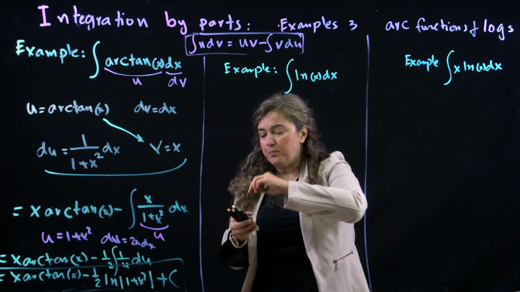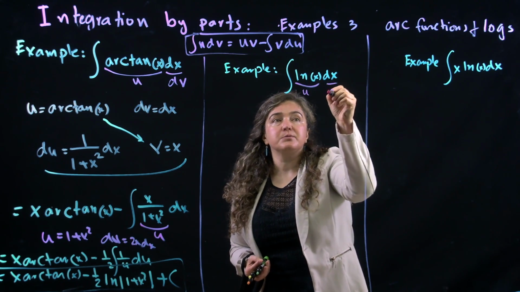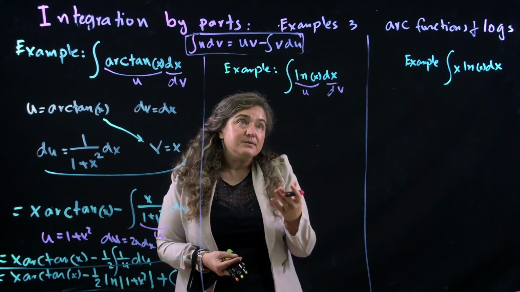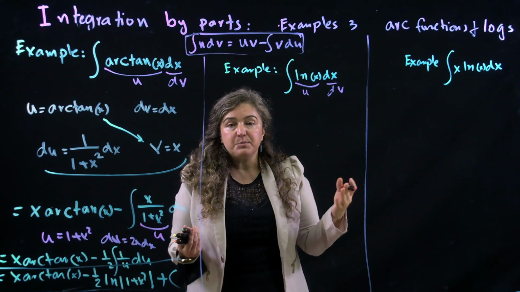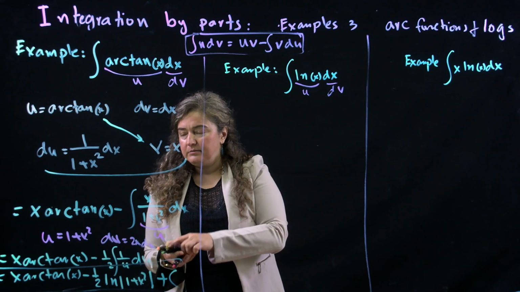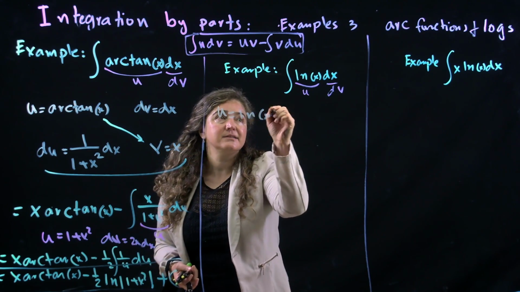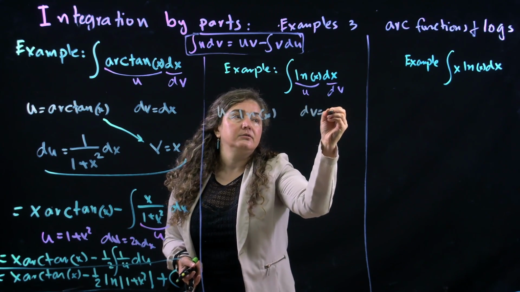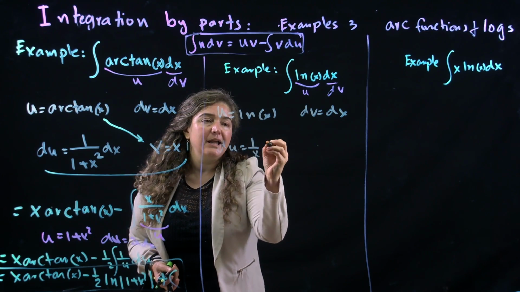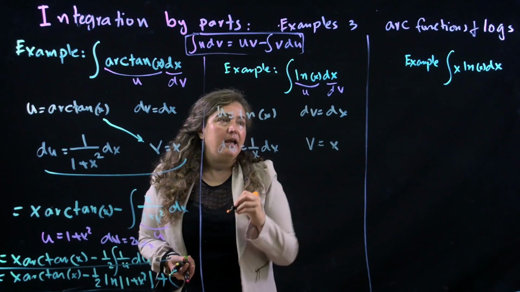You want to choose this one to be u and this one to be dv, because there's no other function I can see visibly; there's only the one function that sits by dx. So u equals natural log of x, and dv equals dx. Then du is going to be 1 over x dx, and v is going to be x.